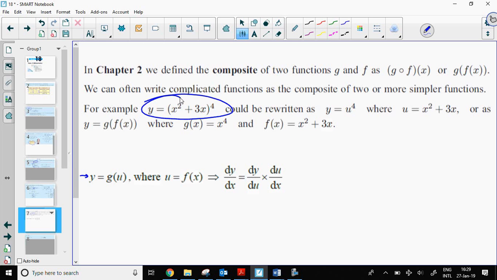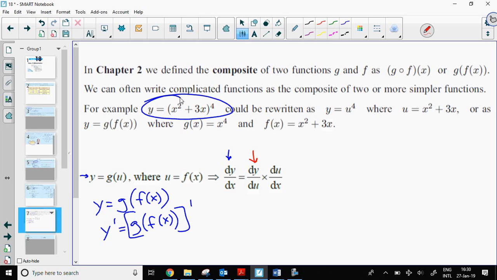So they're writing their composite function. They're saying y is equal to g of u, where u is equal to f of x. In other words, they're saying y is equal to g of f of x. They're saying, therefore, the derivative of y with respect to x, so we're finding y prime, that is to say we're finding g of f of x all prime, is equal to dy du.